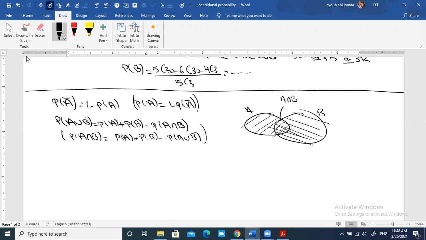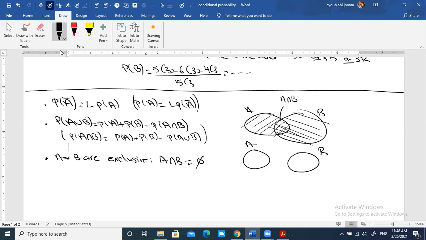We say that 2 events A and B are mutually exclusive events when there is no intersection between the 2 sets or the 2 events. A and B are mutually exclusive, exclusive events. In this case, A intersection B is empty.